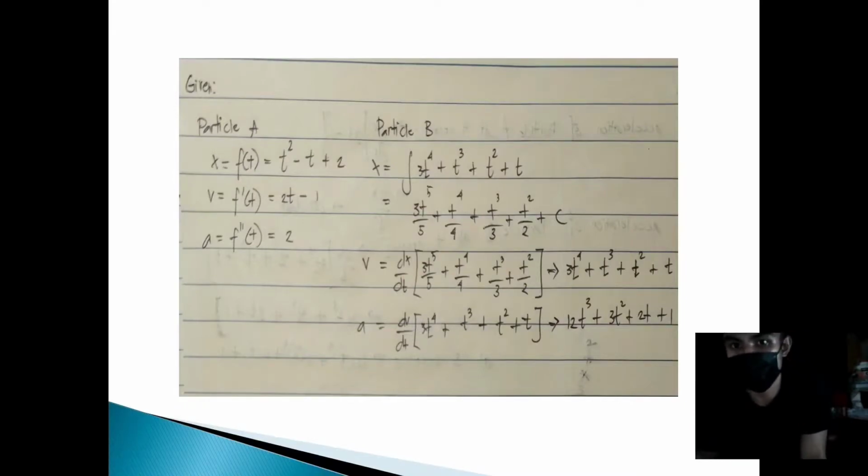So that's it. The formula for integration is actually simple. So that becomes 3t raised to the 5th over 5 plus t raised to the 4th divided by 4 plus t cubed over 3 plus t squared over 2 plus c.